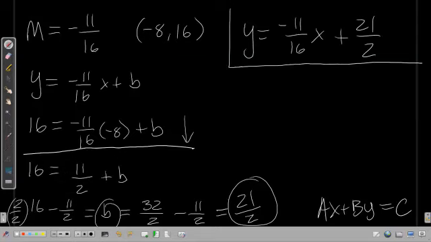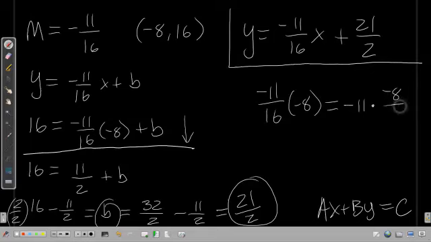Well, it says minus 11 over 16 times minus 8. This is identical to minus 11 times minus 8 over 16. The two negatives, it's a multiplication of two negatives, well, that's positive. So it's a positive number.